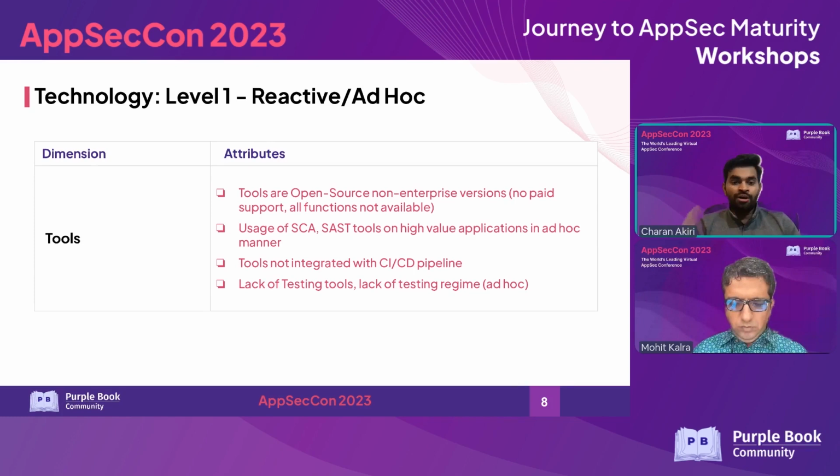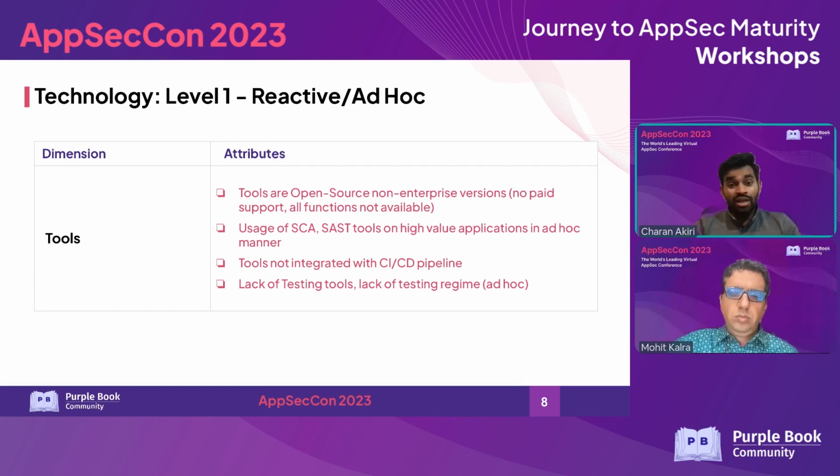Okay, so in this section, I'm going to mainly discuss the different levels in the tools section. For example, if your company is at level 1, which is mainly reactive plus ad hoc in nature, here companies mainly use open source or non-enterprise tools. That means you won't get full functionality, like creating Jira tickets out of that. Maybe at this level the company uses important tools like SCA and SAST only.